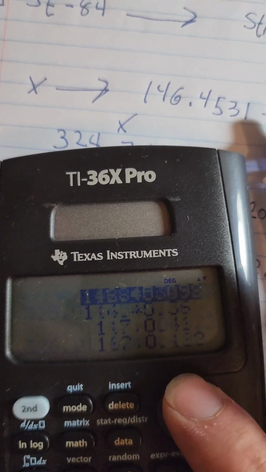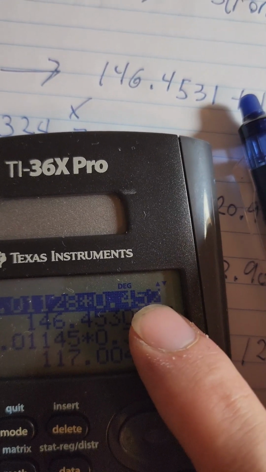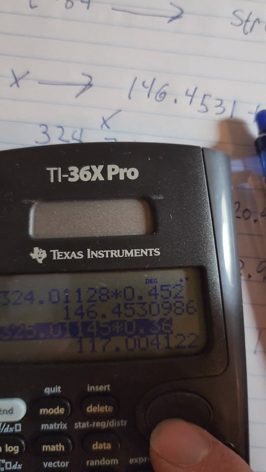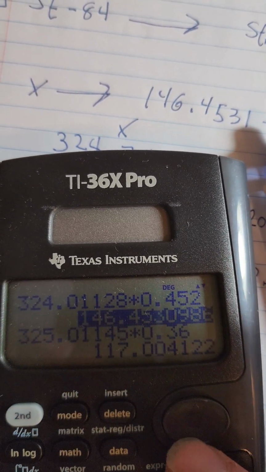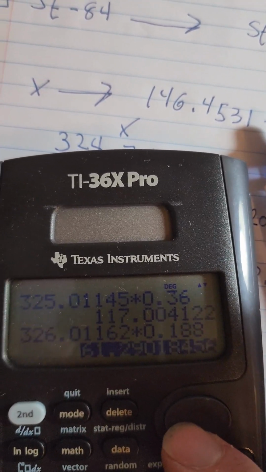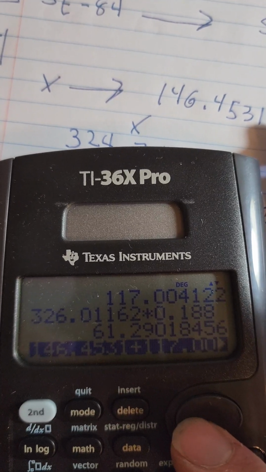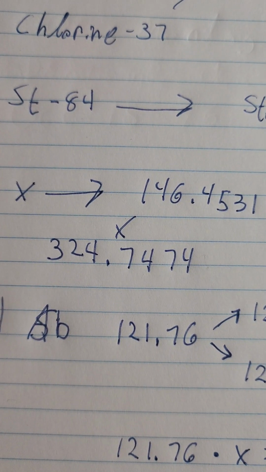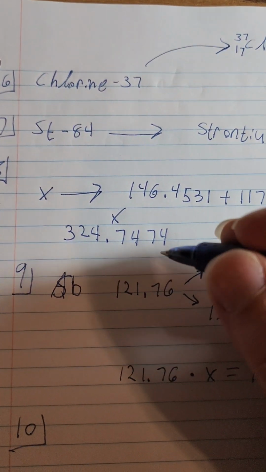And what I did was I multiplied those by their percent abundance as a multiplier, not a percentage, 0.36 for 36%. And you get three numbers, and when you add those numbers together, you get the average mass by abundance.